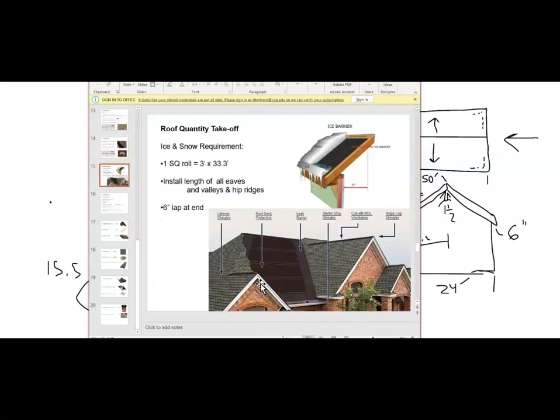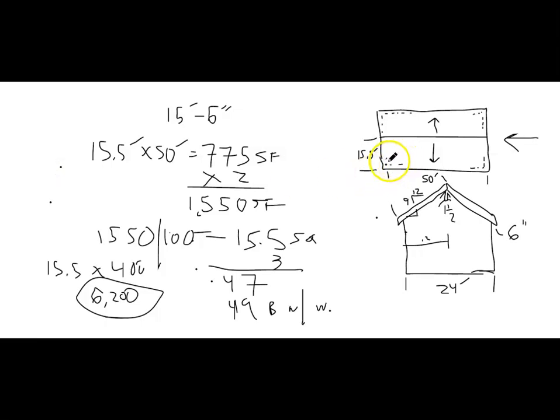Let's take a look at the ice and snow, which is not really determined the same exact way. So if we wanted to do ice and snow, for instance, this is the number that we care about. They are 33 feet long.